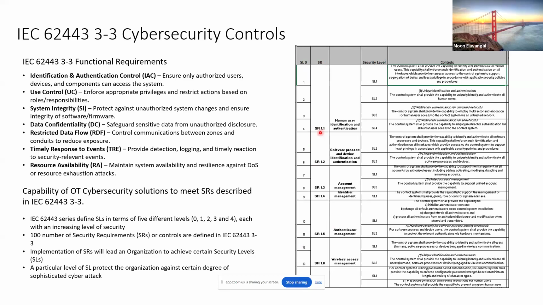Then there is SR 1.1, where the first number stands for which FR, and then it is a sub control, you can consider something like that. And then this is the explanation of the control. If you meet the first one, then you have the SL1 capability. Then if you meet this one, then you are meeting SL2 capability, like that. Some of them don't have SL1, SL2, because they may be advanced controls. So this is how the 3-3 standard itself is structured.